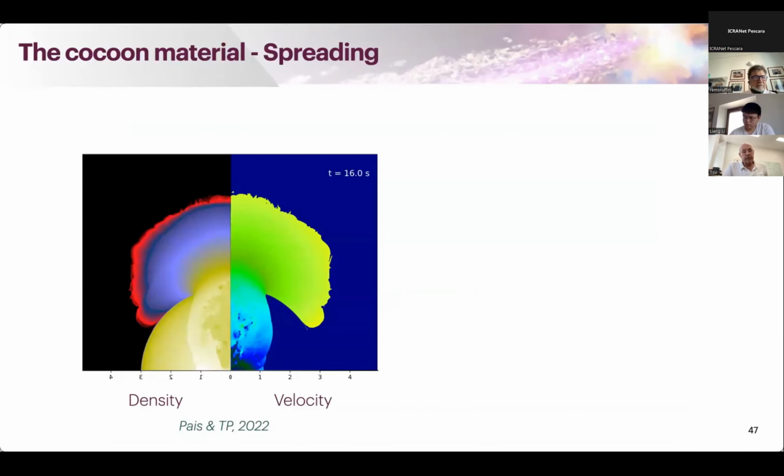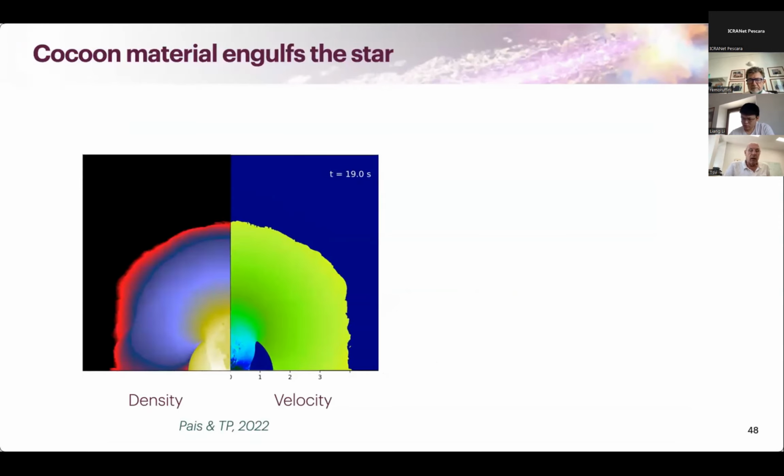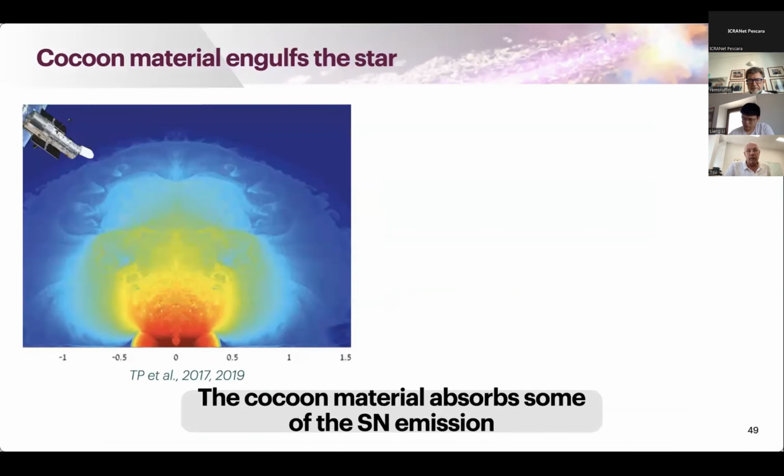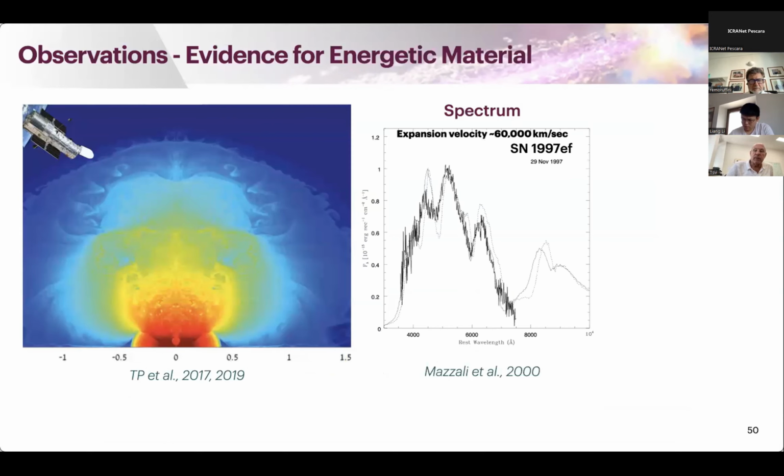And I don't know if Udi mentioned that the cocoon matter, which is expanding around, will have an effect on the supernova. We can see this in the absorption spectrum of the supernova, and in many cases it was already observed.